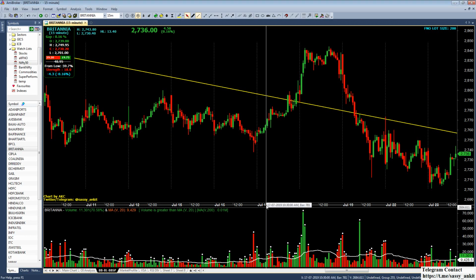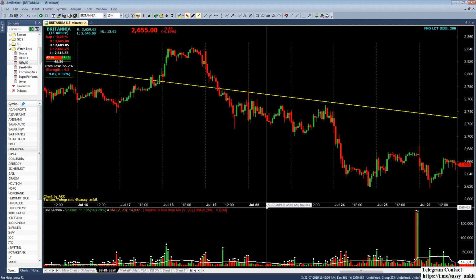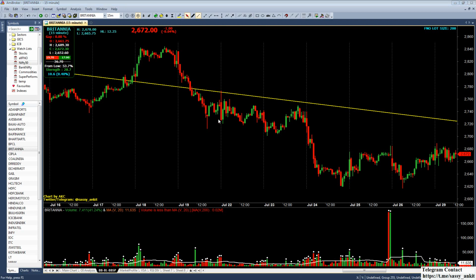SNR means support and resistance line. Okay, so now you are waiting for this move to emerge, and as you can see, a trading range is established here where the price is moving, and as soon as it breaks you may take your entry. Either on the breakout or on the first pullback you may take your entry.